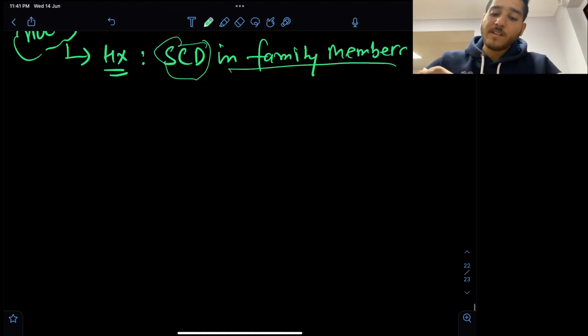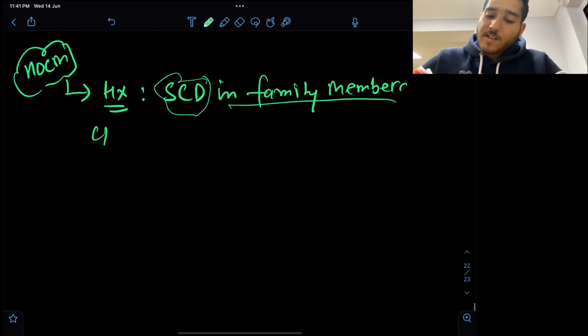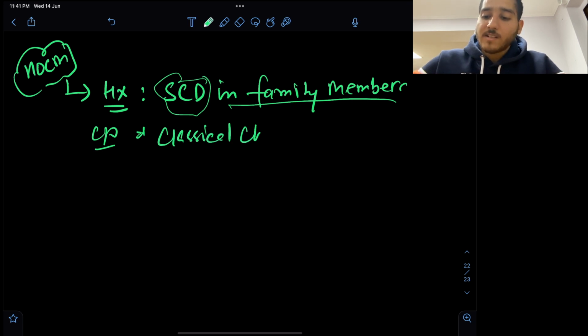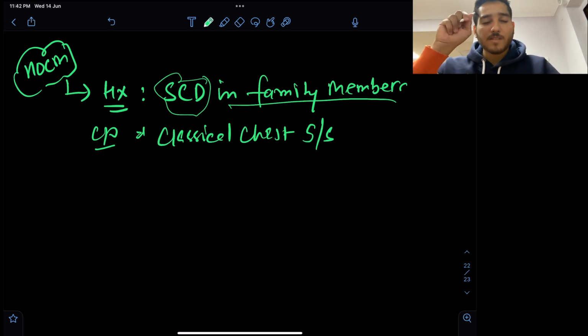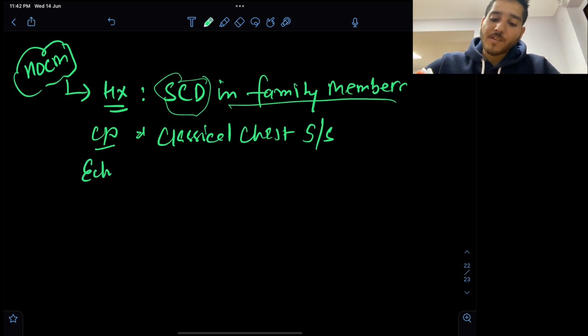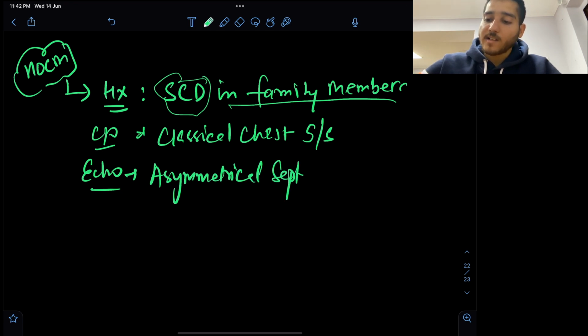Okay, then the patient will complain of classical chest signs and symptoms. There will be some chest pain. In echo, you'll find asymmetrical septal thickening. Asymmetrical septal thickening, and this is a keyword for our Krok exams.